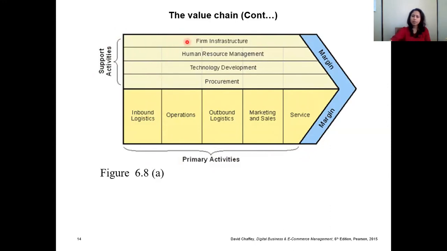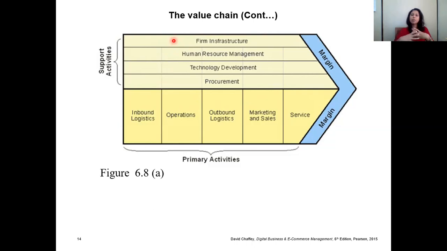I think I don't need to explain each and every one of these concepts separately. Do you want me to explain this separately, or is it okay if I move on? Now, for example, if we take firm infrastructure, what sort of activities do we consider here?